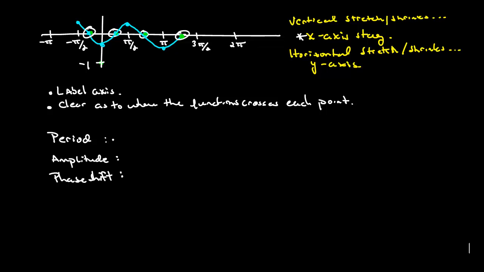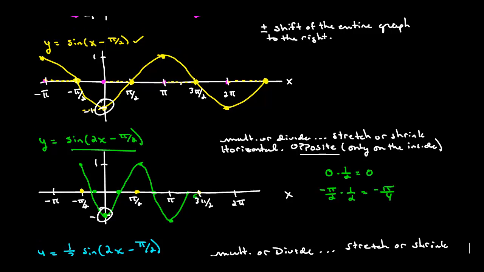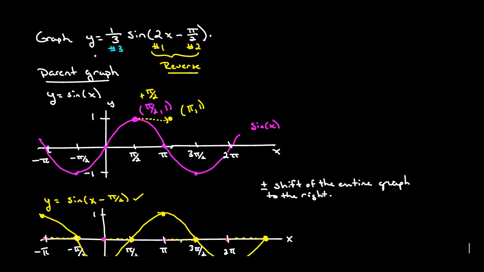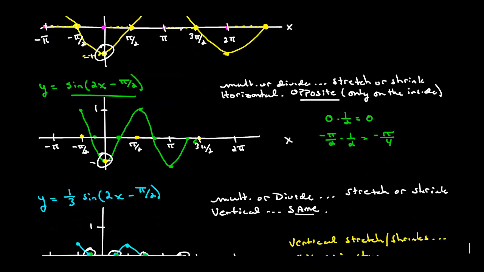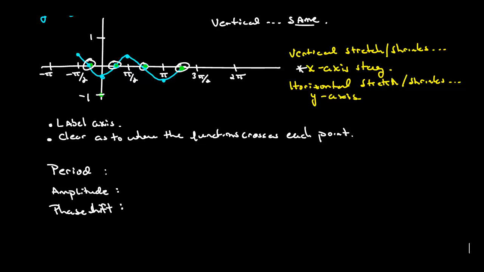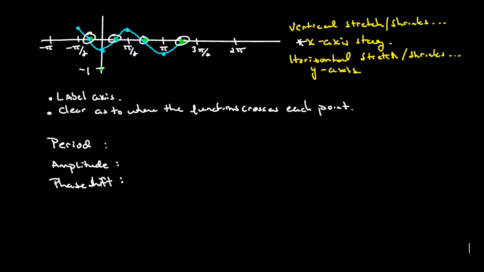Now if I ask you from an equation, just like this, starting out with this equation up here, we can do it algebraically, or we can do it by looking at the graph. So the period is how often it takes to repeat itself. Well, clearly from here to here, it's repeated itself. So from 0 to pi, it took pi to repeat itself.